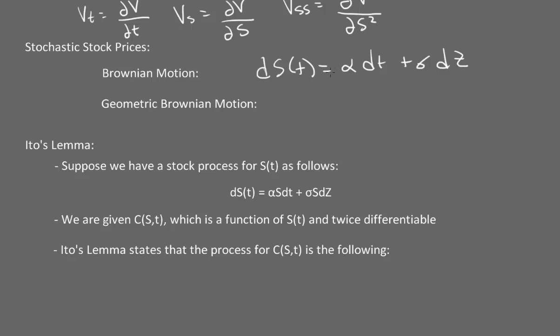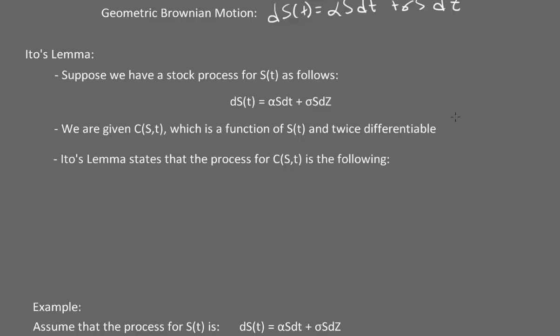Now this is a normal process. Now the geometric Brownian motion states that dS(t) is equal to alpha S dt plus sigma S dZ. So the S here is the difference between the two, and this makes this process a log normal process.